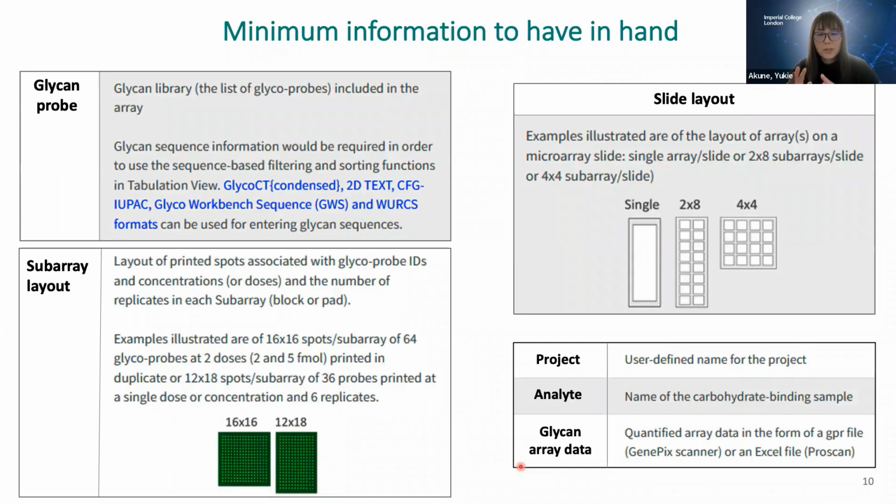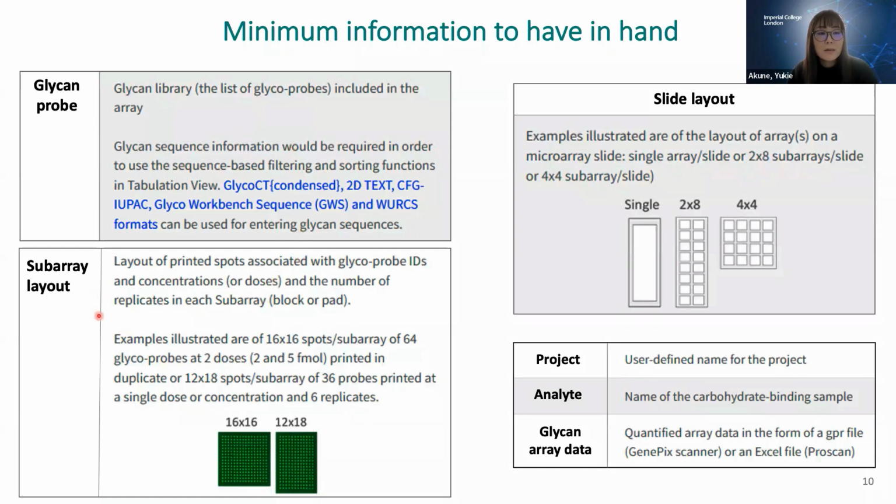Before the software usage, I'd like to share the minimum information you need to have in hand before displaying the Glycan microarray results in CarbArrayART. The first one is the Glycan probe library, the Glycan probes which are printed on your microarrays.